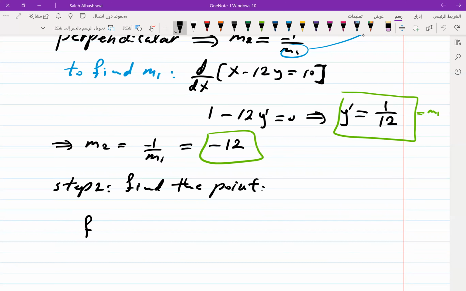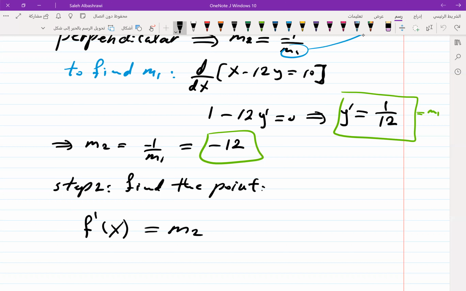We know that f prime of x equal to m2. We know the derivative of the curve is equal to the slope. So let's find the derivative and make it equal to m2, then solve for x to find the point.